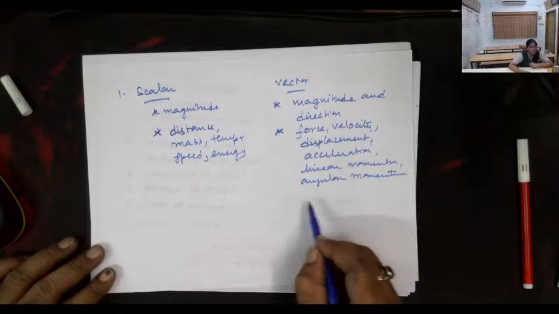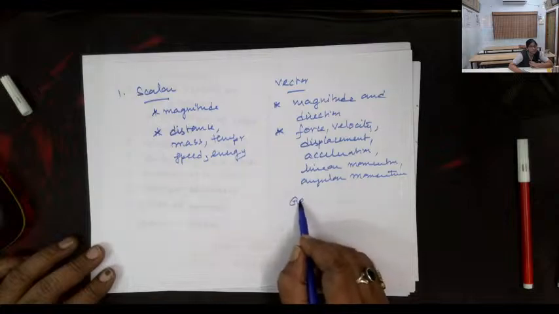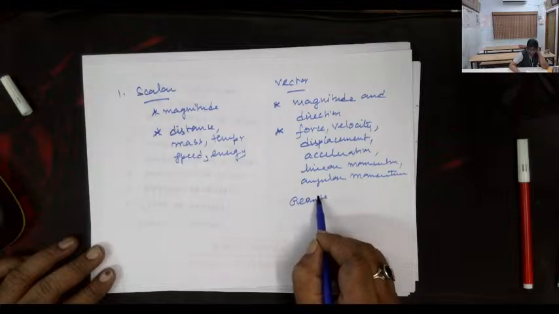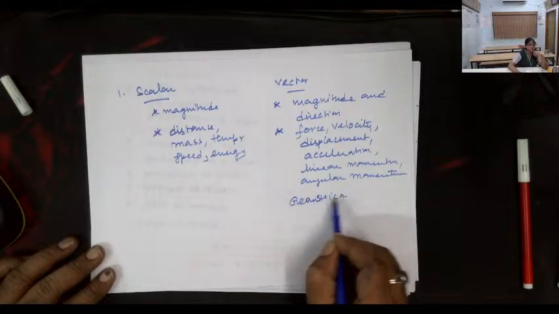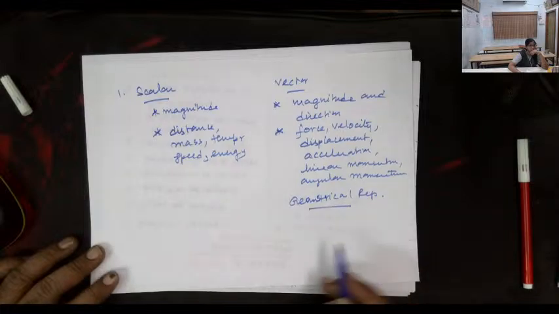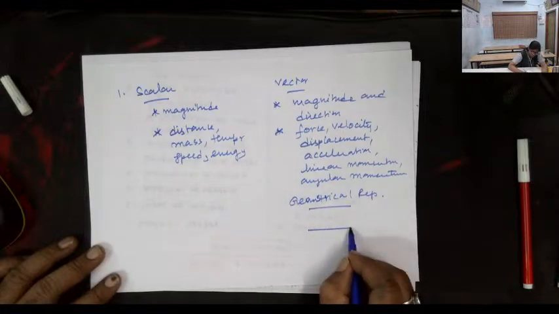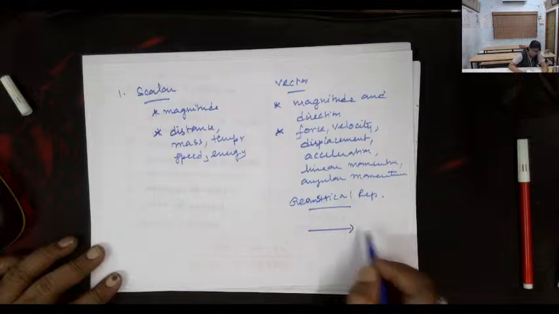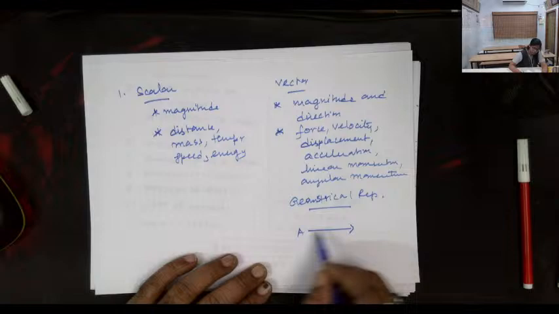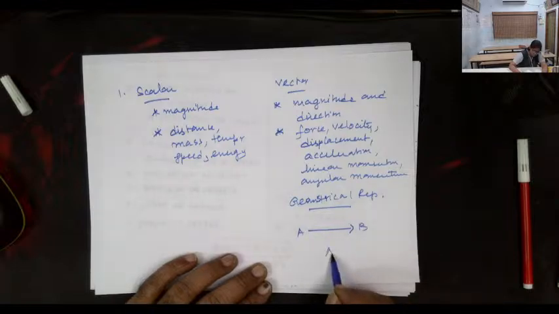So the geometrical representation of a vector is by an arrow mark. For example, an object moves from A to B means it is represented as AB vector.